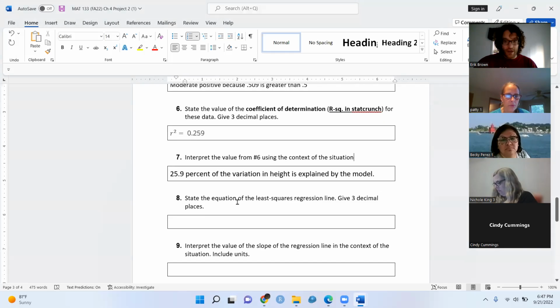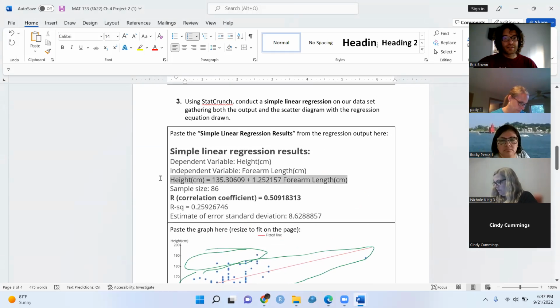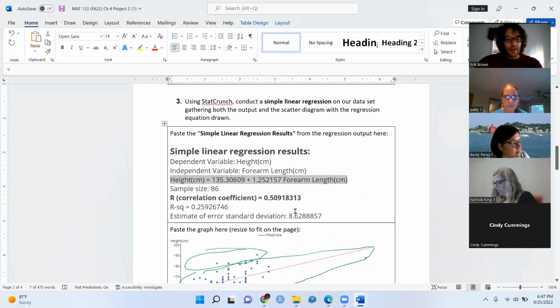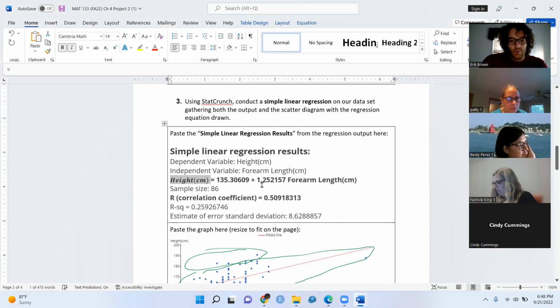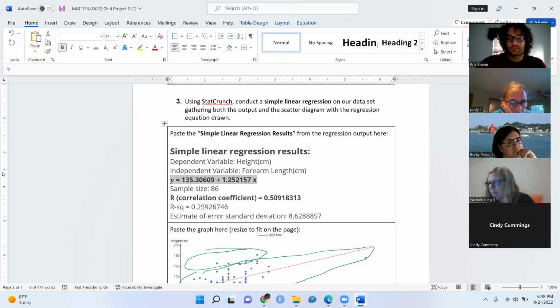All right, so state the equation of the least squares regression line. That is this. If you replace the letters, this should really be y hat. I'm just going to leave it. So that's y, and this is x. If you replace the words with the letters x and y, then it's maybe a little more obvious that that's the equation.